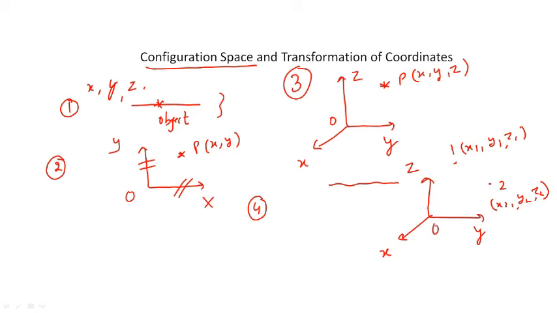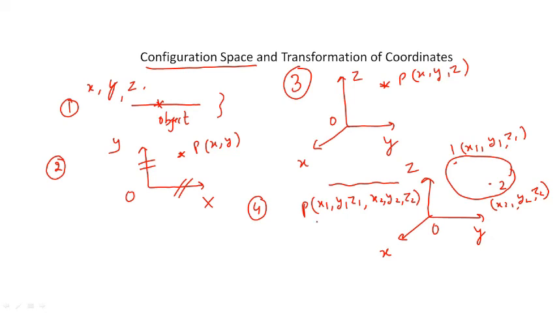Now this is very important to understand. Suppose I consider this two-point system as a single point system, and this single point system has these 6 coordinates: x1, y1, z1, x2, y2, z2.